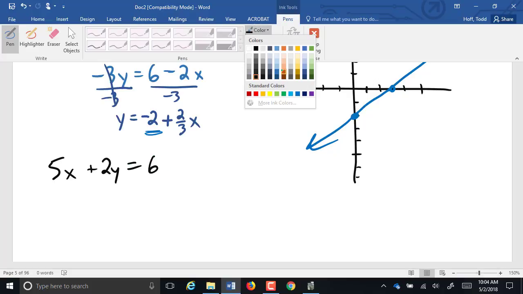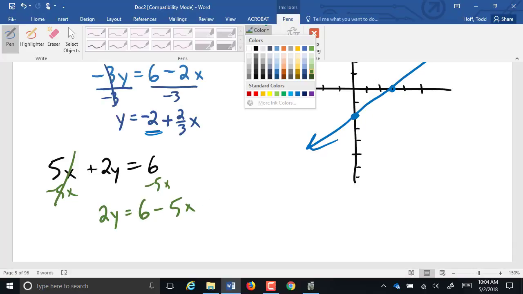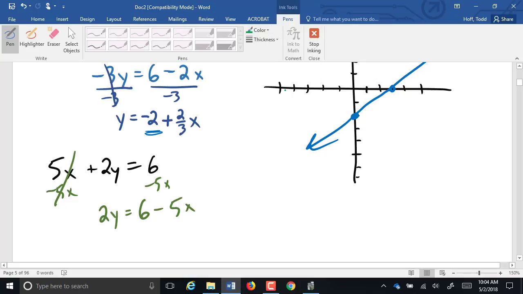So here, what do I have to do to get y by itself? Subtract the 5x. So that's gone. We have 2y equals 6 minus 5x. And then divide by 2, so the 2 cancels out.